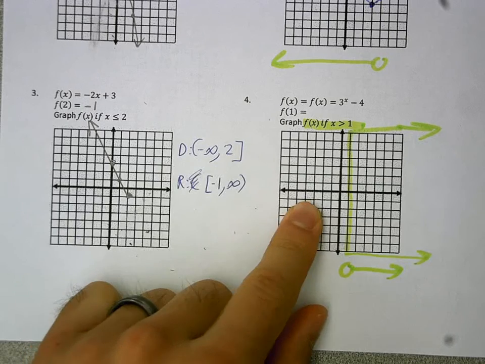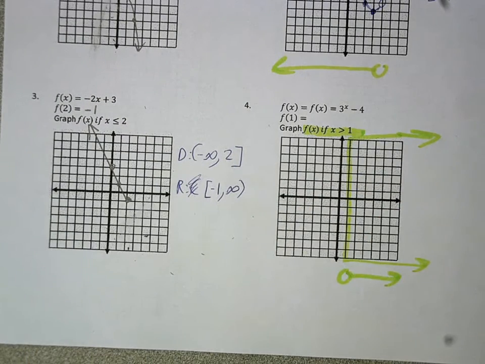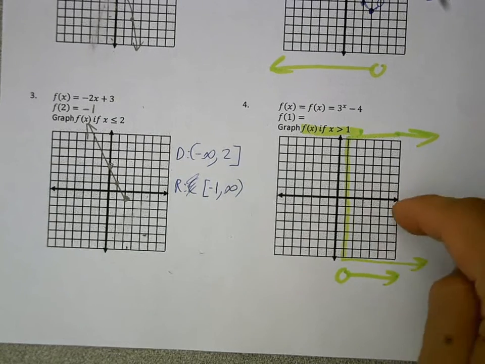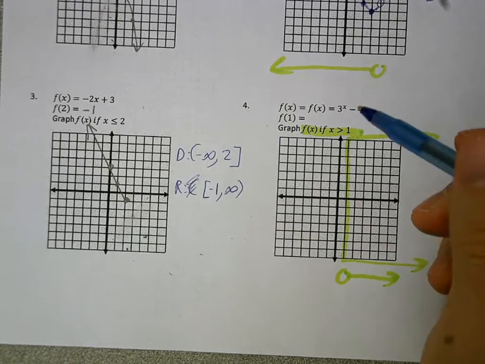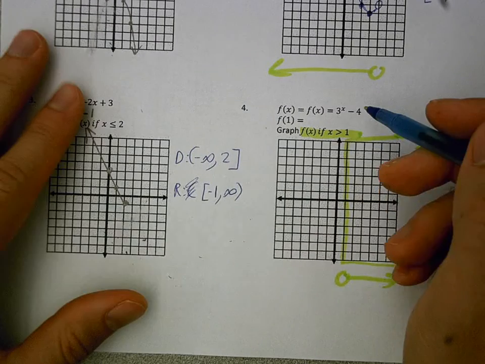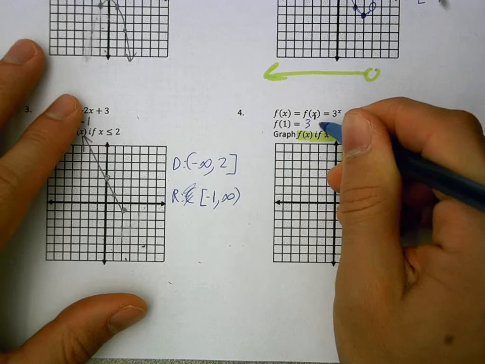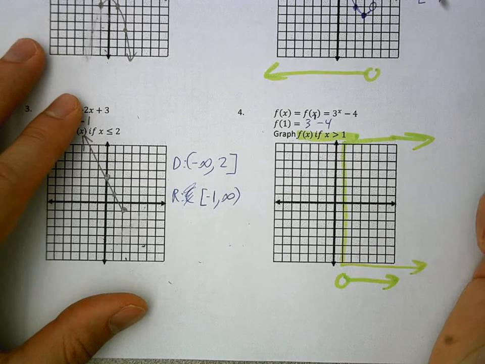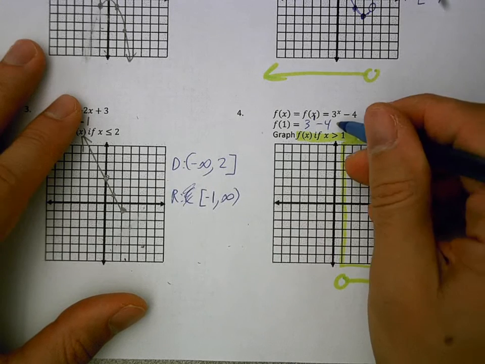I need x's greater than 1. So I don't know where I'm going to end up in that rectangle yet, but I know my graph needs to be over here. So from there, I'm going to plug in and find the important point to start off with. So 3 to the first power minus 4. Well, that's not bad. 3 to the first power is 3. 3 minus 4 would be negative 1.